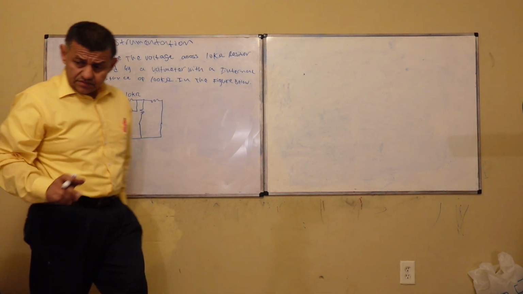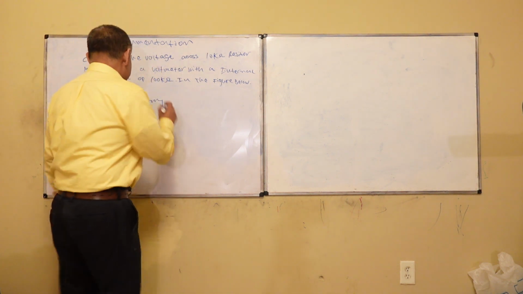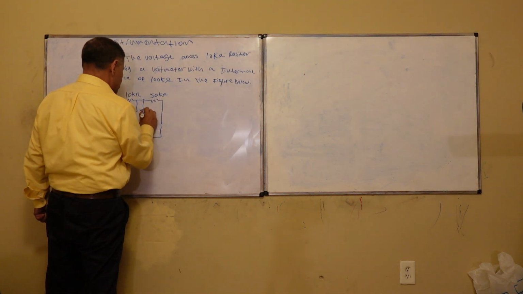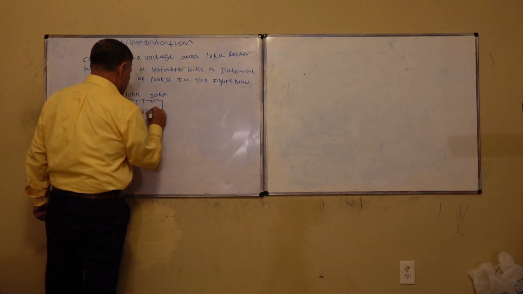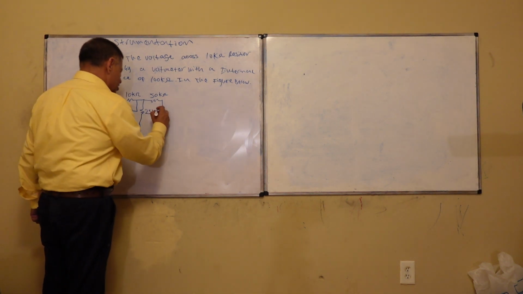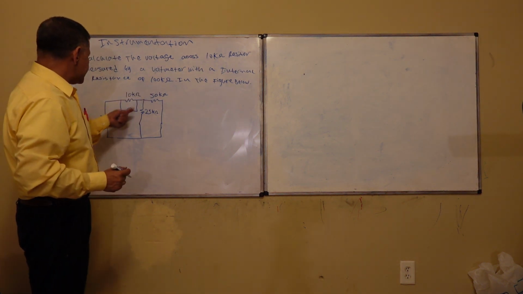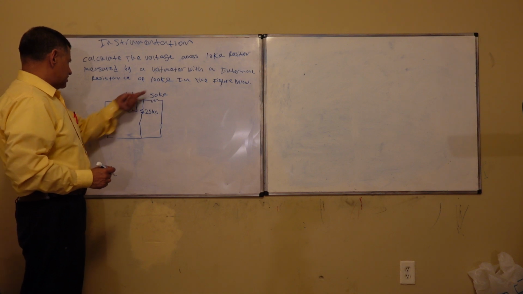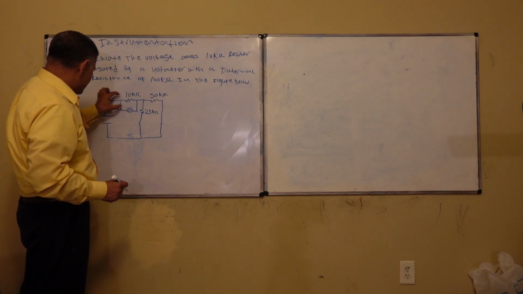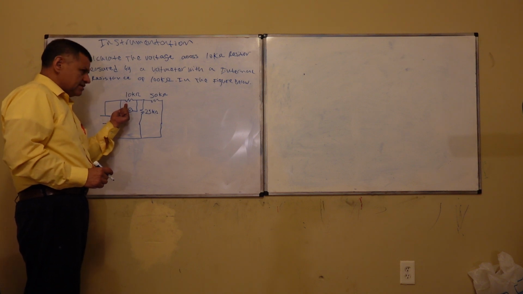The diagram shows this is a 50 kilo ohm and this is a 25 kilo ohm resistor, right? Now we have all the values. This is that one, this is this one, and this is the one that I'm measuring from. They want to know what the voltage is at those points.